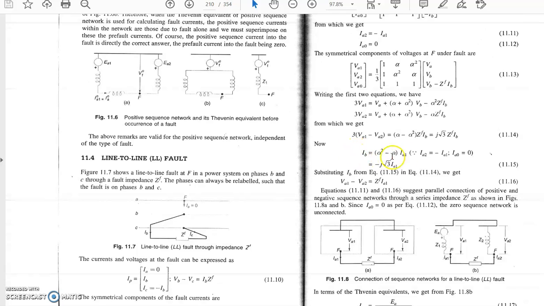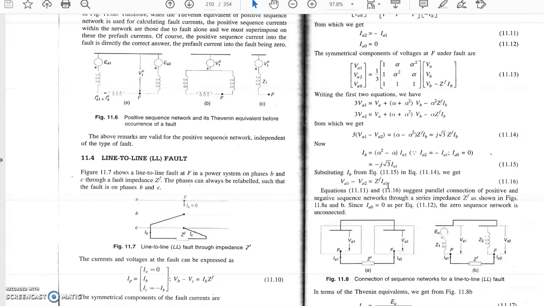This value comes from the equation of IB in terms of IA1, IA2 and IA0, which we studied in symmetrical component transformation. So the value of IB will become minus j root 3 into IA1. When we put this value in this equation, the 3 and root 3 cancel, and j times j is minus 1. So VA1 minus VA2 becomes ZF into IA1.